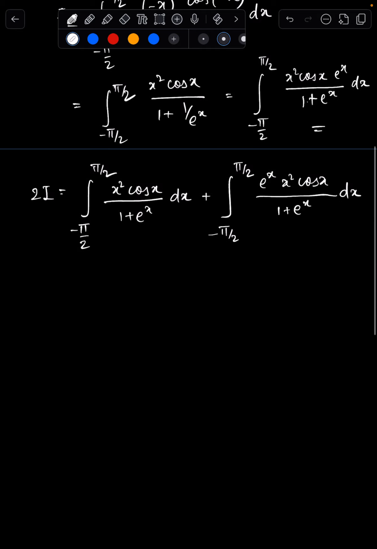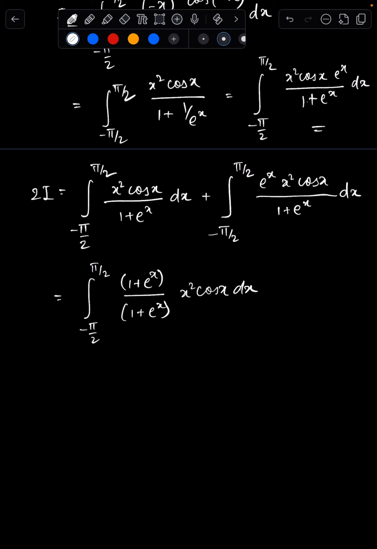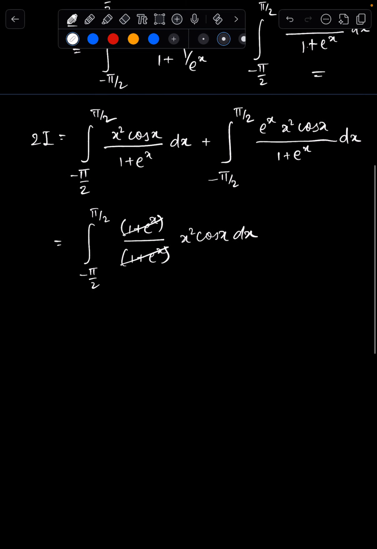The good part here is that we have 1 plus e power x both in the numerator and the denominator now, and the leftover term is x square cos x dx. So we can cancel these two out, and this is what we are left with: 2I is equal to integral from minus pi by 2 to plus pi by 2 of x square cos x dx.